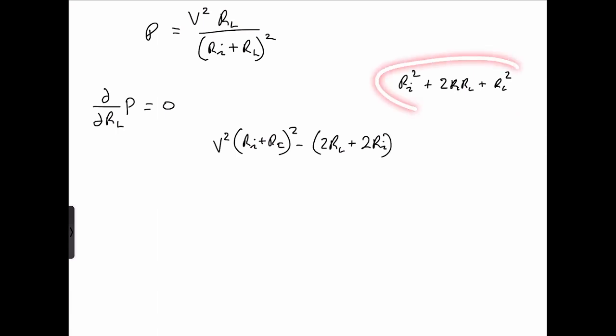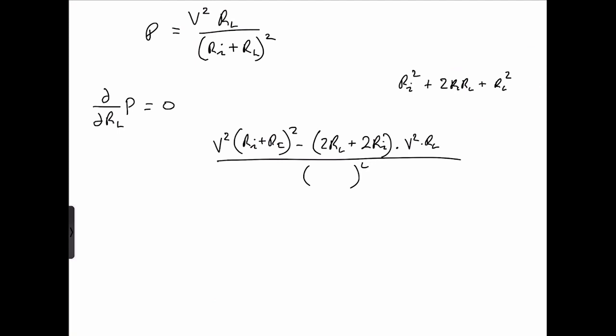That's the derivative of our denominator, and we multiply that by the numerator, which is V squared times RL, all over our denominator squared, which would be the power of 4. Set that equal to 0.